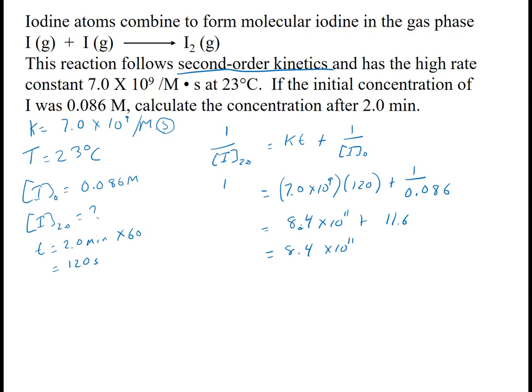And this is all 1 over the concentration of I. And so I is 1 divided by 8.4 times 10 to the 11th. It's going to give me a very tiny number of 1.19 times 10 to the minus 12th molar. Okay, so that's how you do second order kinetics.